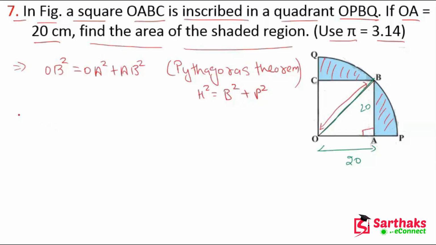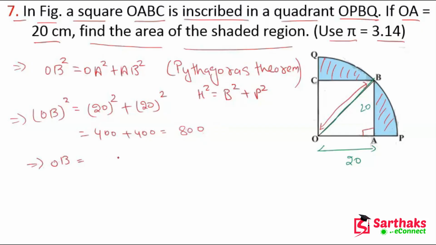So now, what is OB? We have to find OB. What is OA? Which is 20 square, and same here is 20 square. So this will give 400 plus 400, which is equal to 800. Okay, now if we solve it, we get OB is equal to under root 800, and this will give 20 root 2 centimeter. So we have OB is 20 root 2.